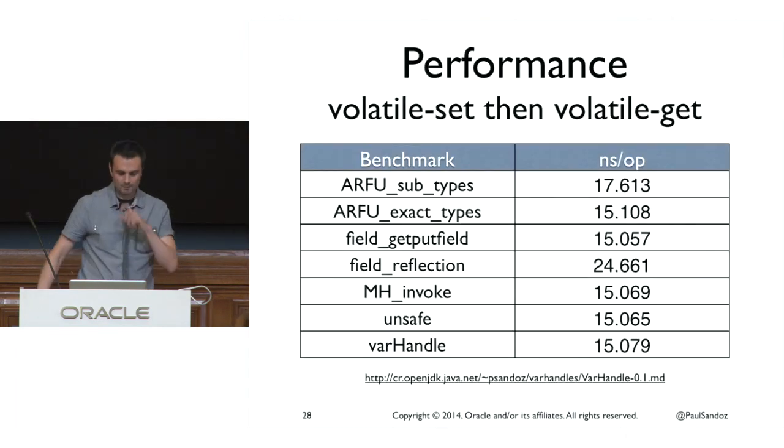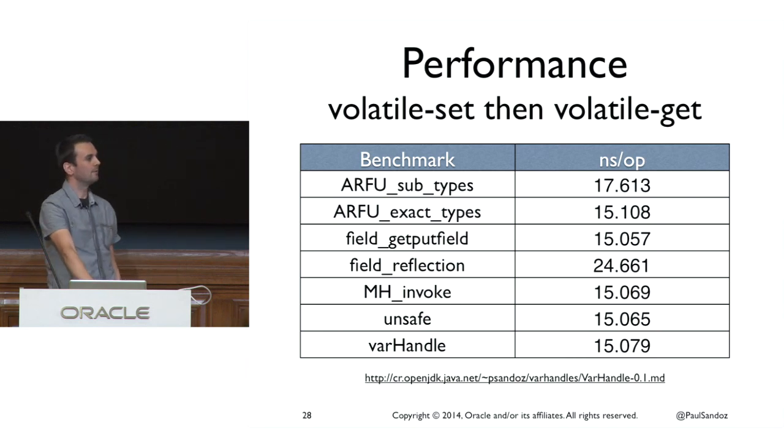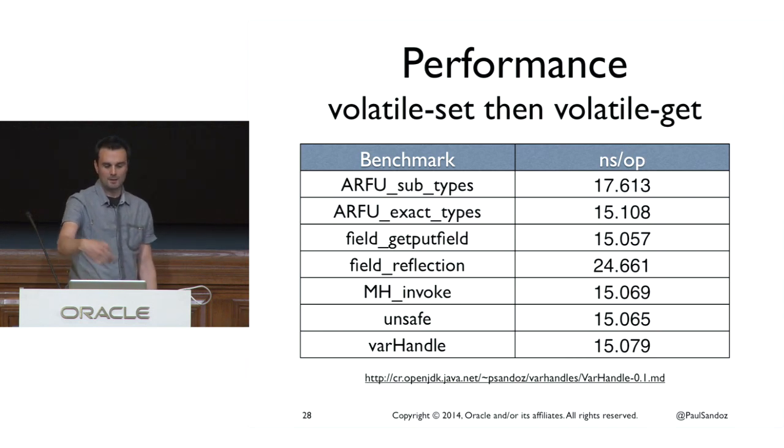Okay, so here are some performance numbers. They're in this document, far more detailed than here. But I wanted to show what you get if you compare unsafe with VarHandle, with reflection, and the atomic reference field updater. Unsafe is about as fast as VarHandle when doing a volatile set and get in a nano benchmark. Field reflection is very slow.